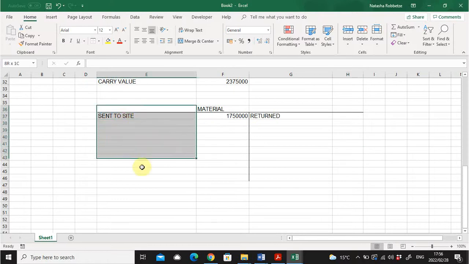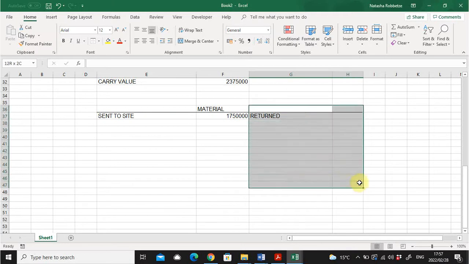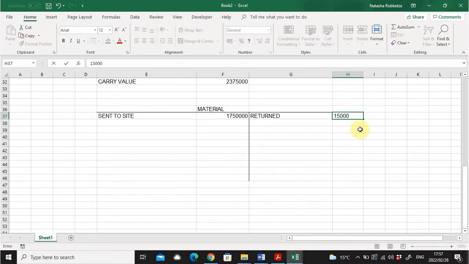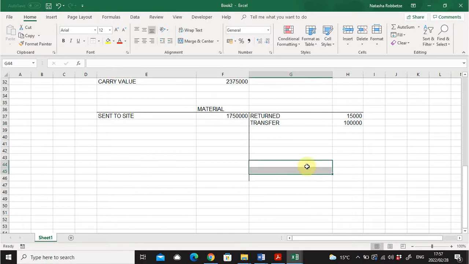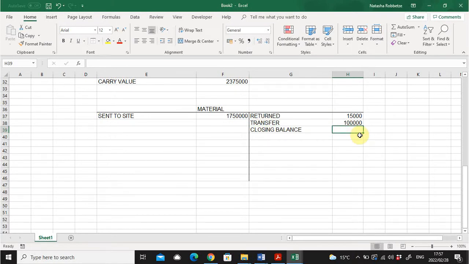You will remember for a material account, it increases on the debit side and it decreases on the credit side. So for the returned, we have 15,000. Then we also have some transfers. And the transfer was worth, I believe, 100,000. Then we had what else? Material on site. So we had a closing balance at year end. That was given to us as 40,000.